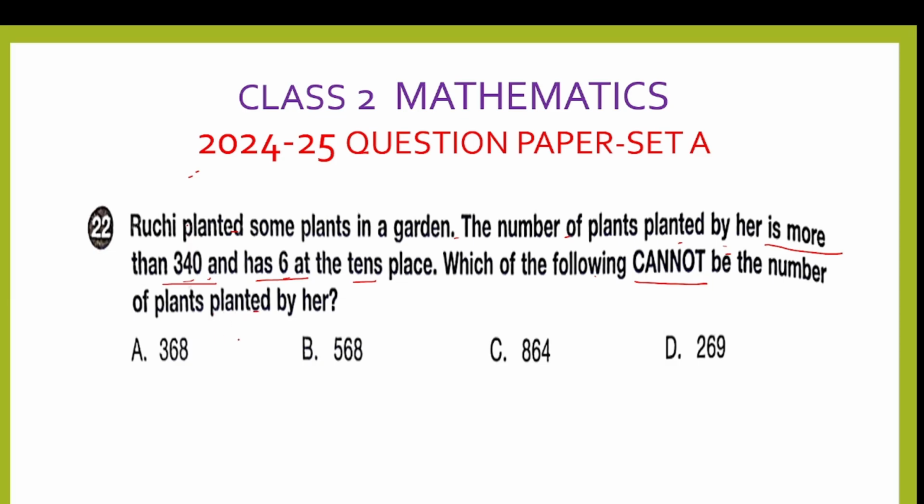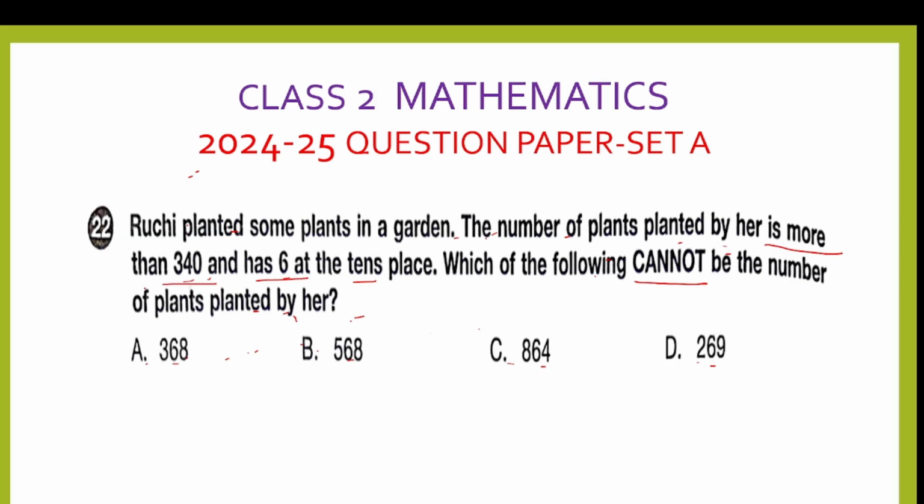So Ruchi planted some plants, and the numbers are given in options A, B, C and D. The number of plants planted by her is more than 340 and has 6 at the tens place. If we observe, in all four options, 6 is at the tens place.